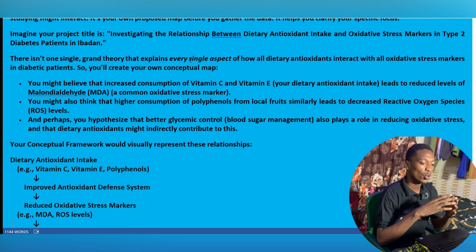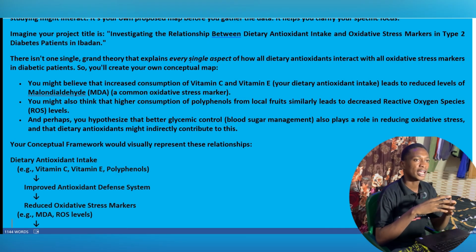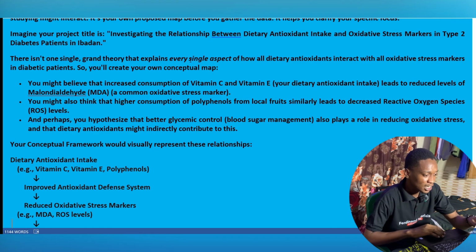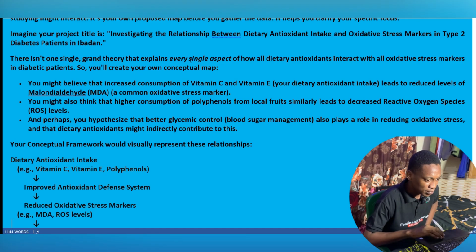So you are going to create your own conceptual map. Creating your own conceptual map is more like using your understanding of the topic. What we are trying to say is: investigating the relationship between dietary antioxidant intake and oxidative stress markers, in type 2 diabetes patients in Ibadan.